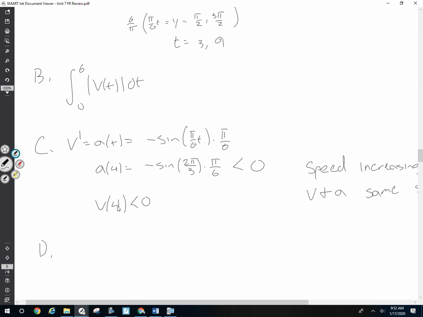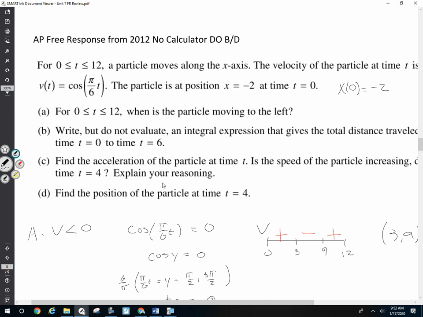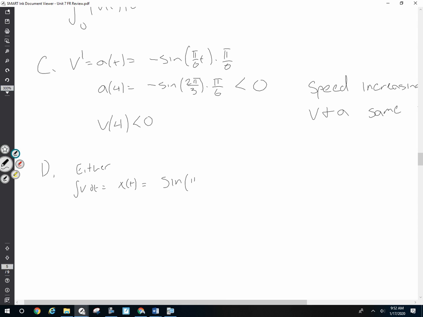Part D, find your position at time 4. Either take the antiderivative of velocity to get x of t and find c. The antiderivative of cosine pi over 6t would be sine pi over 6t times the reciprocal of the coefficient, 6 over pi.